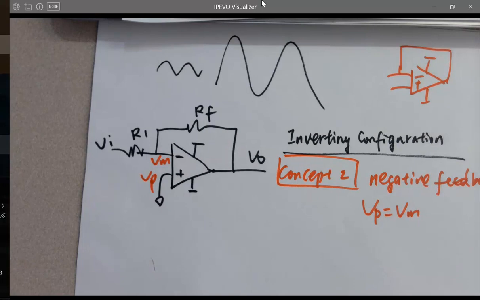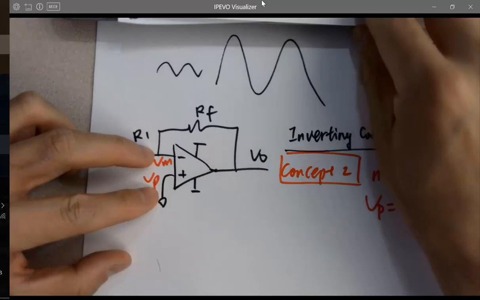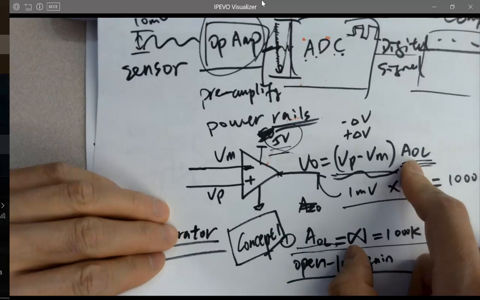So vice versa. If VM is larger than VP, what's going to happen? You are getting a super negative value, right?